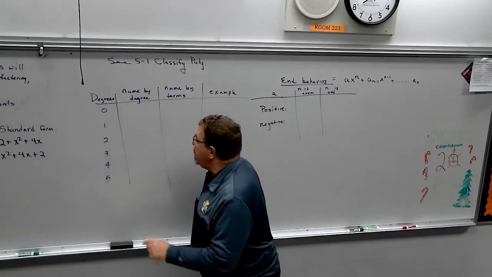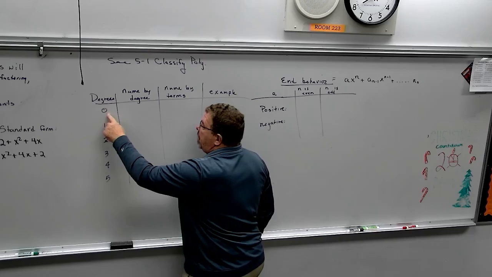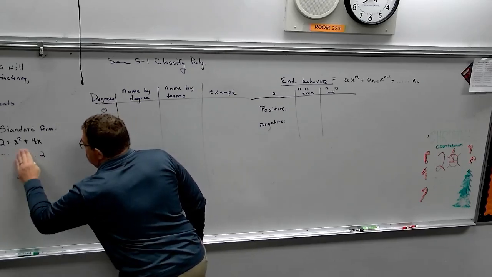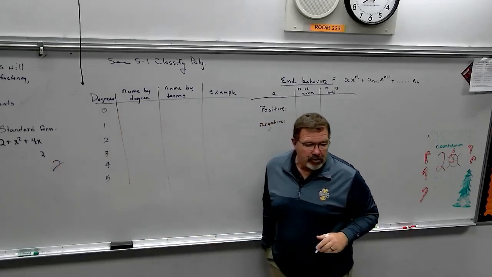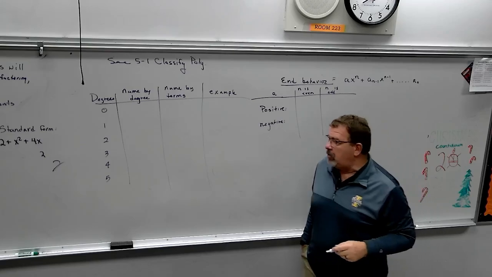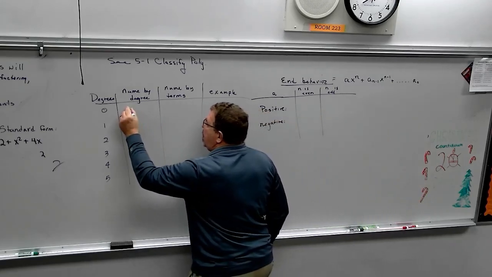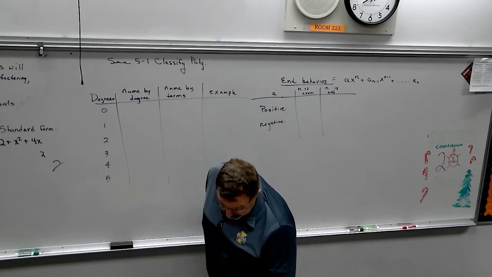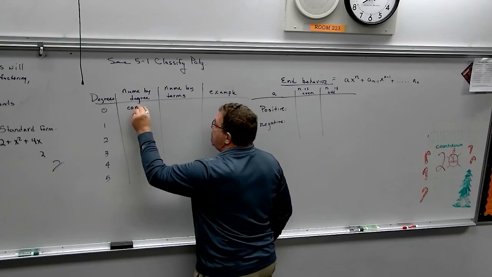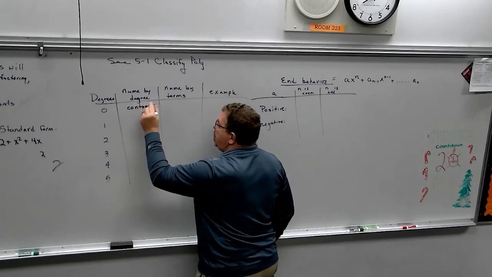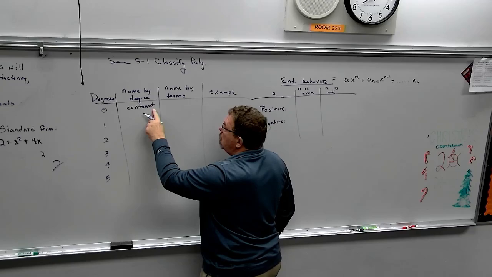If you have a degree of 0, that would be a degree of 0. You don't even have an exponent, right? So we don't have an exponent. We would call this a constant, which means we have no variables at all.